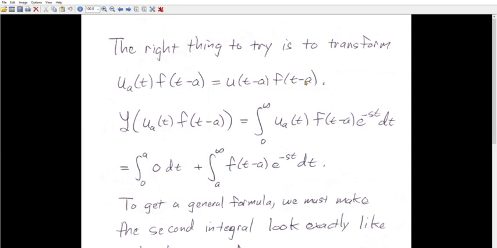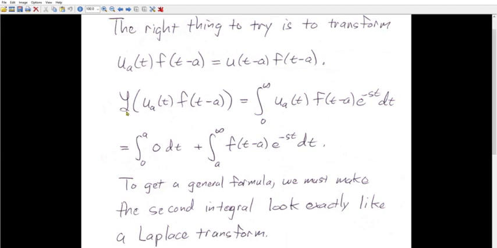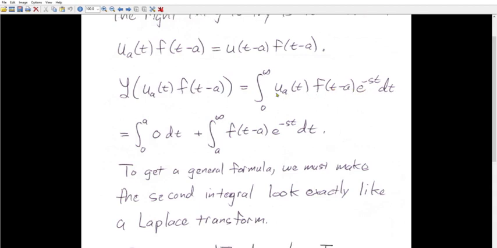Okay, so let's go ahead and try and transform this thing. The Laplace transform of u_a(t) f(t minus a) is the integral from 0 to infinity of u_a(t) f(t minus a) e to the minus st dt. And of course the point here is that this thing is 0 between 0 and a, so we just get 0 for that piece of the integral.